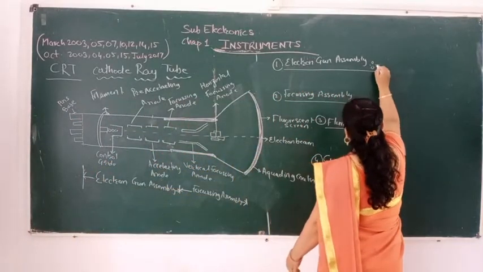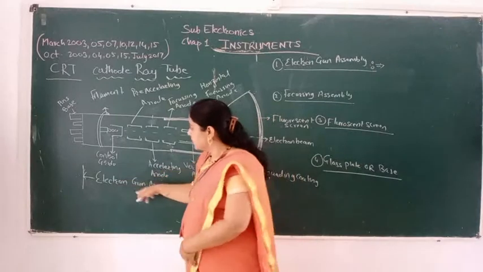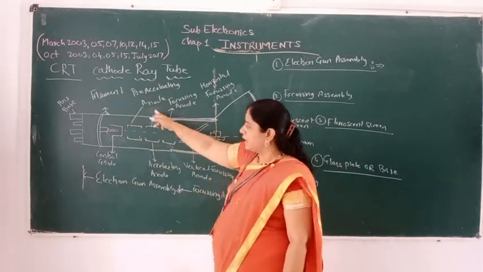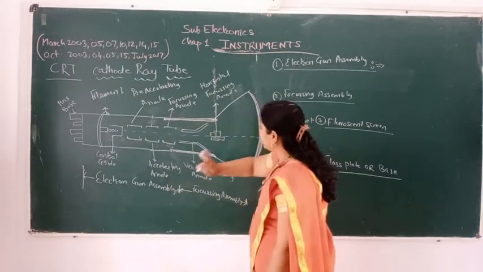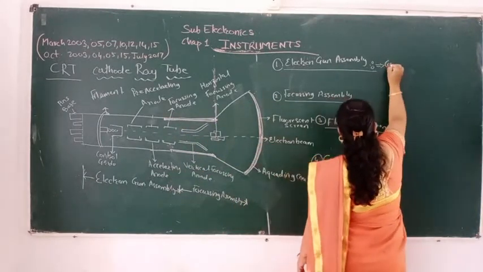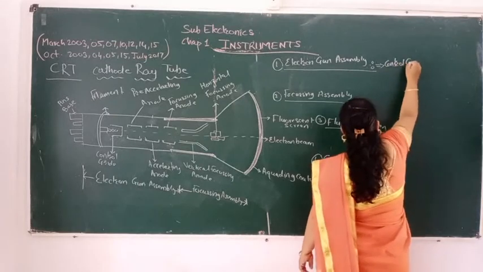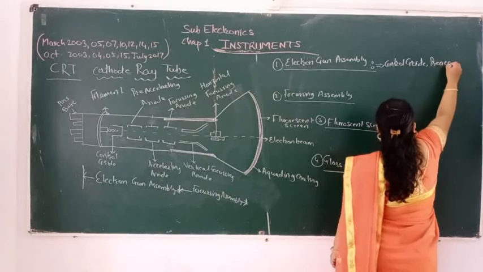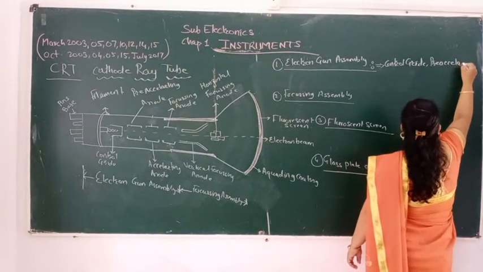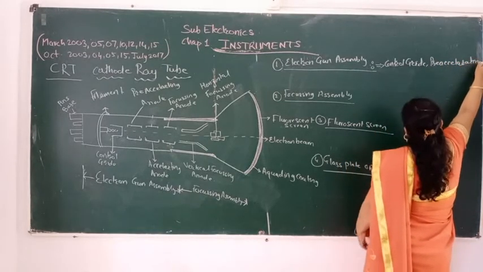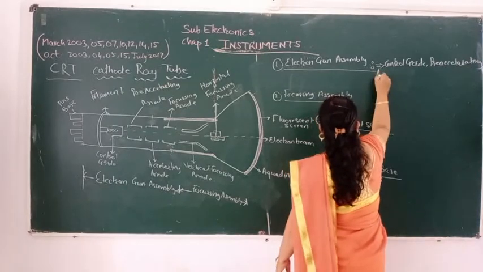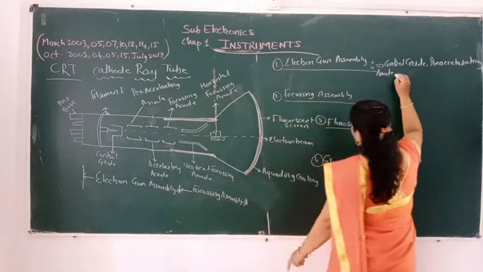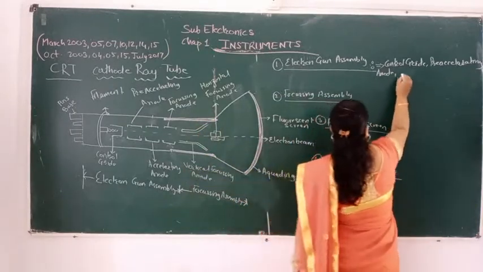In the diagram, in the electron gun assembly, the control grid is there, the filament is there, the pre-accelerating anode and the accelerating anode are there. Also the focusing anode is there.